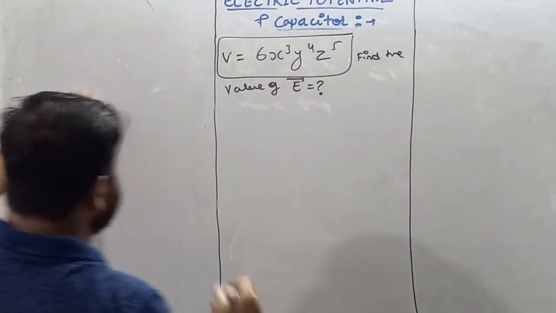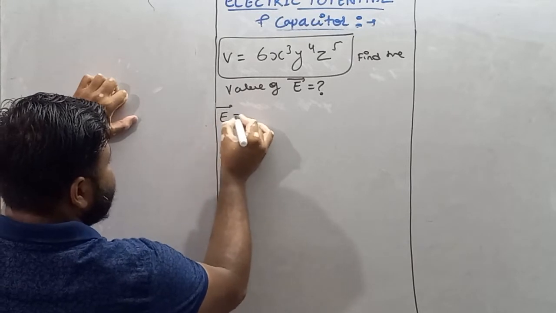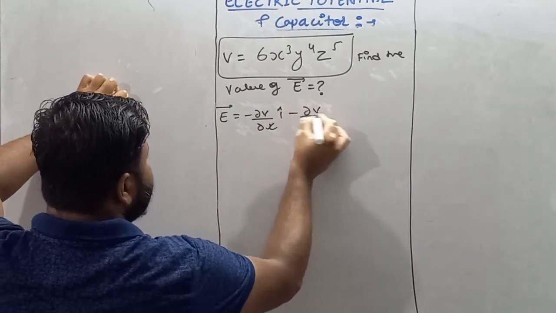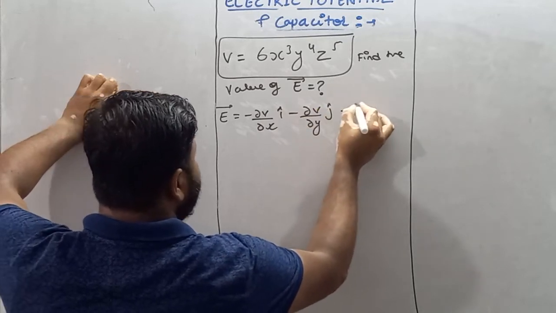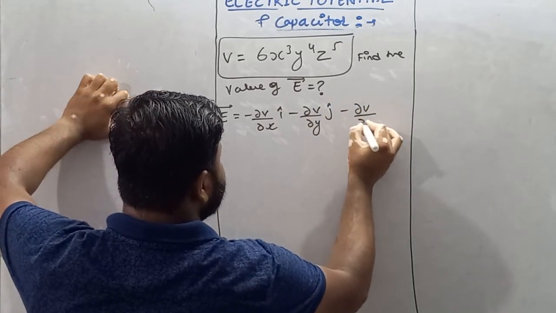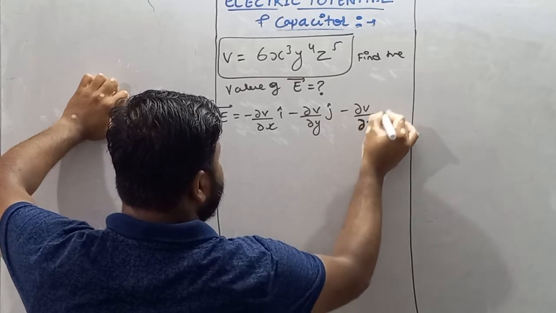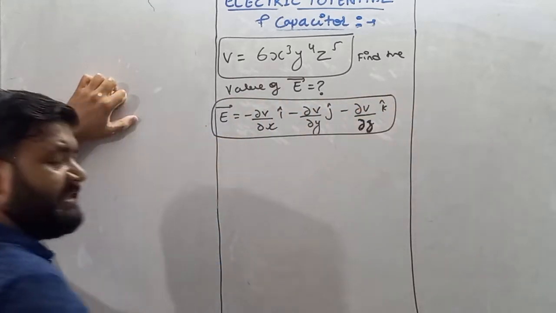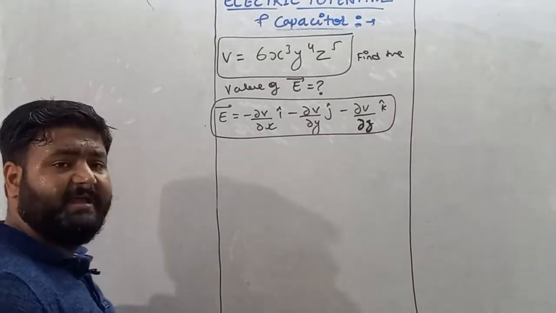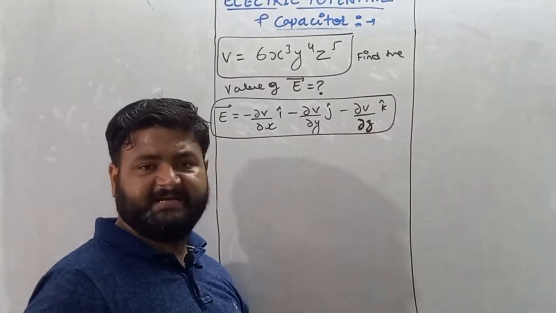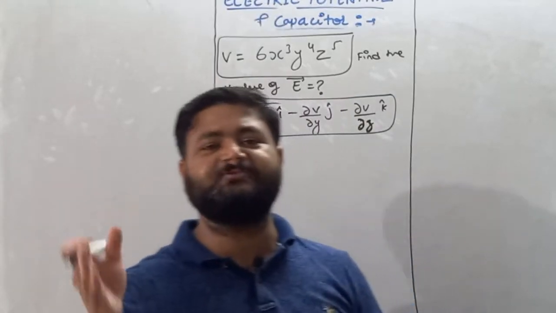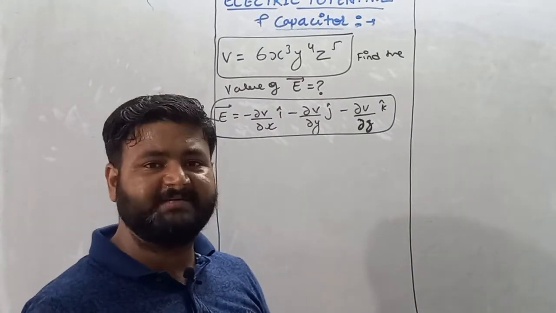So we know that, my dear student, E vector is nothing but minus del V by del X i cap, minus del V by del Y j cap, minus del V by del Z k cap. So we have to find first minus del V by del X, then del V by del Y, then del V by del Z. When we are finding del V by del X, we have to take Y and Z constant.